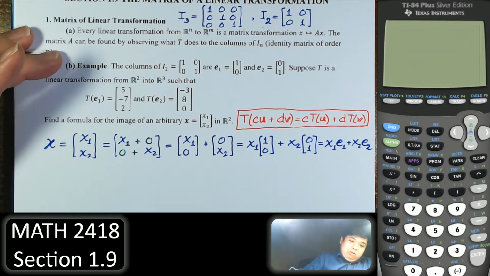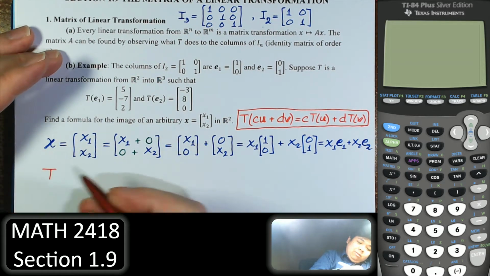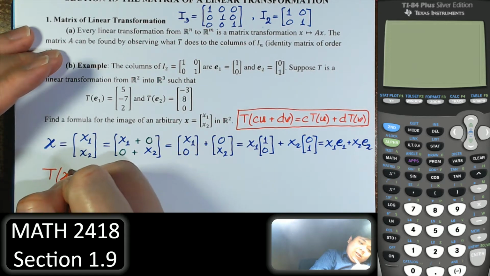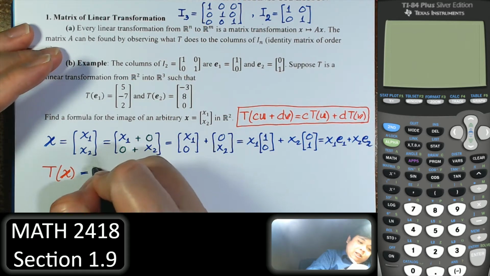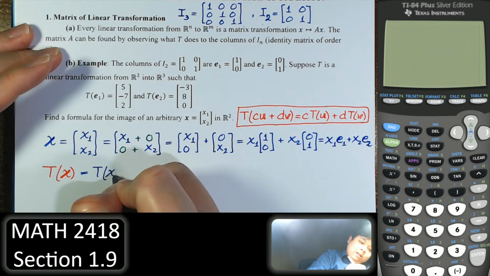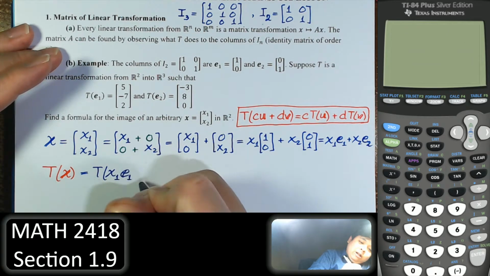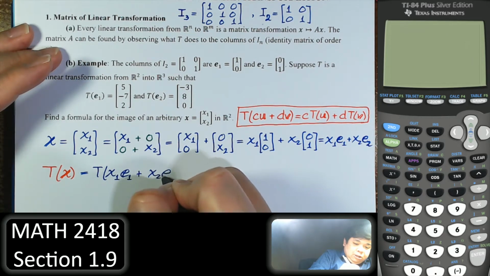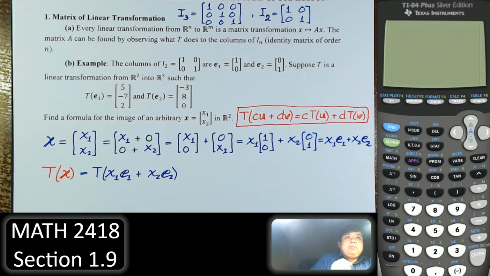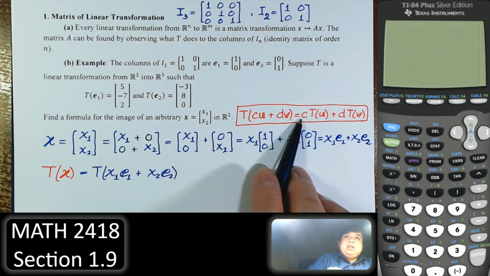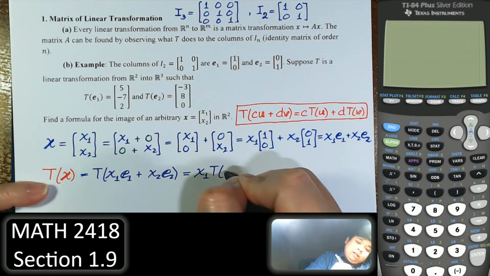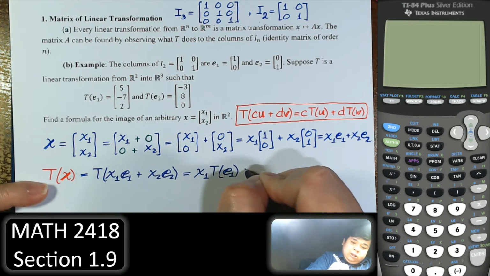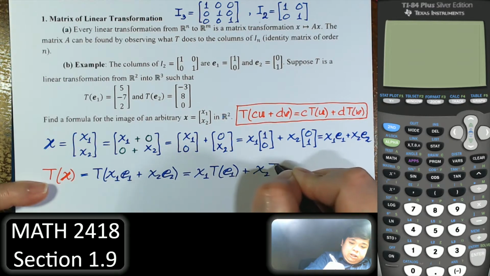Now get back to the transformation. Instead of x, we're going to use the transformation of x1 e1 plus x2 e2. And we use the properties of linear transformation. We split that and write x1 T of e1 plus x2 T of e2.